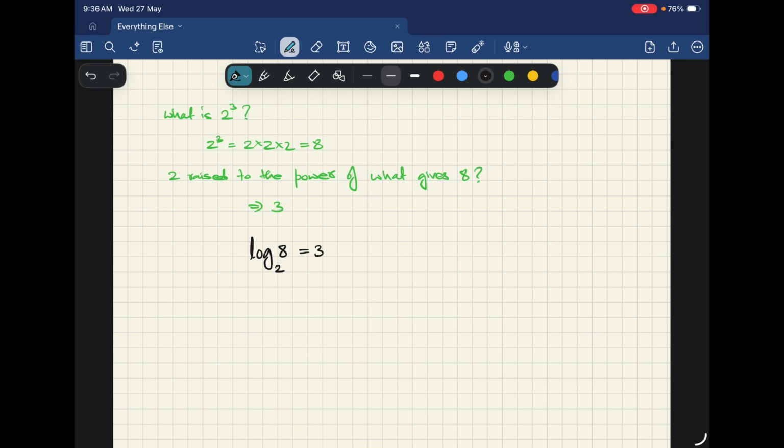That means that when we raise 2 to the power 3, we get 8, right? That's corresponding to 2 to the power 3 equals 8. So this is the logarithmic representation.